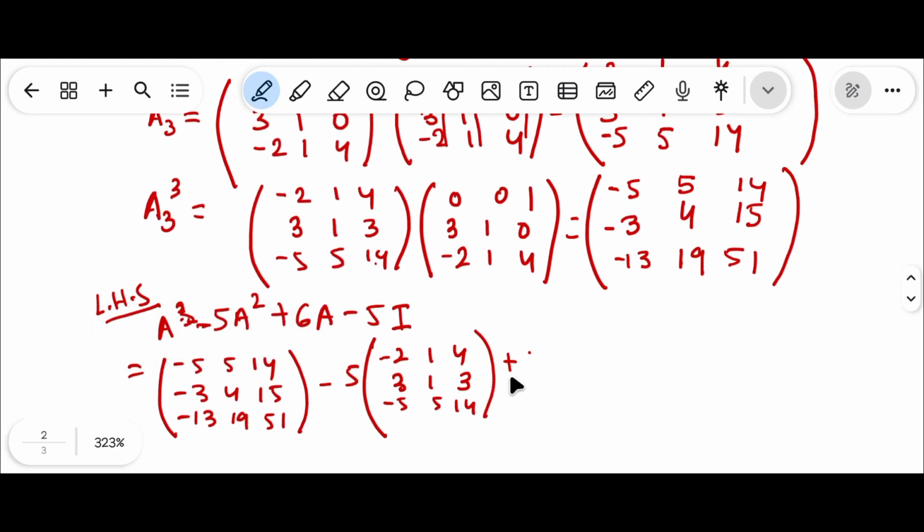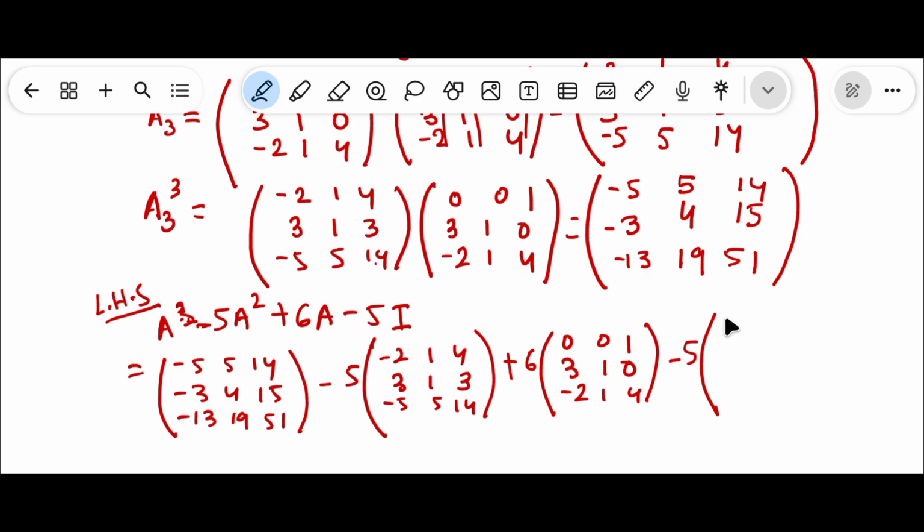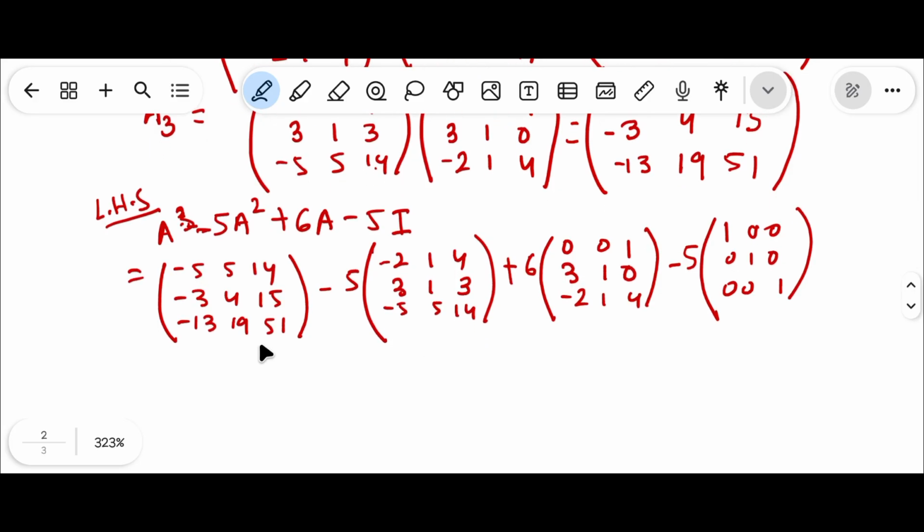Then we have plus 6 into A is 0 0 1 3 1 0 minus 2 1 4, minus 5I. So 5 into 1 0 0 0 1 0 0 0 1. We have this.